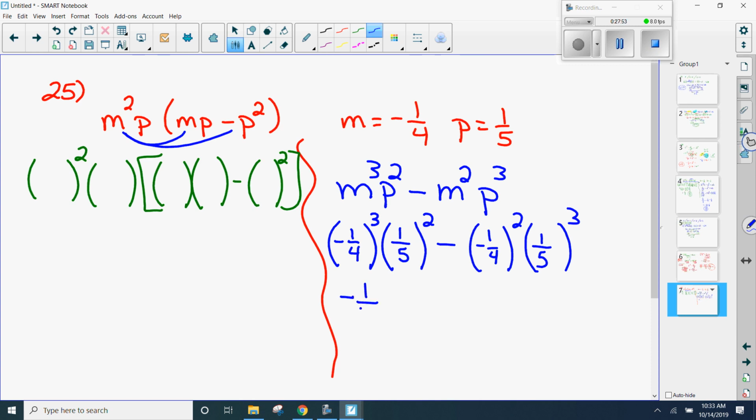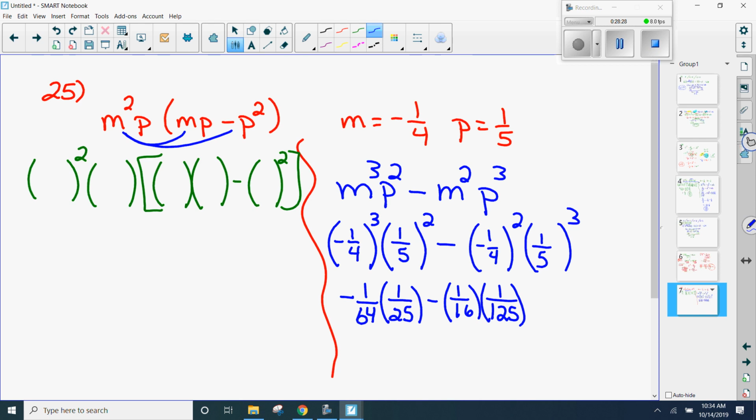What's 4 cubed? 16 times 4, 64. What's 1/5 squared? 1/25. Minus negative squared is going to be a positive 1/16, and 1/125. Wow, look at that.